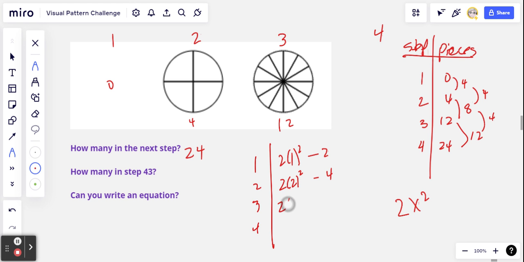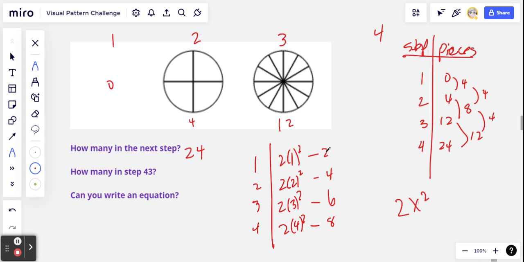So 2 times 3 squared, so 3 squared is 9, 18. To get to 12, we'd have to subtract 6. I think I'm seeing a pattern here. In step 4, we would have 2 times 4 squared. So 4 squared is 16, times 2 is 32. To get down to 24, we'd have to subtract 8.